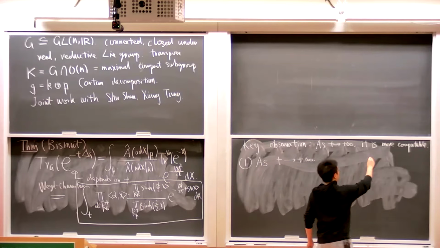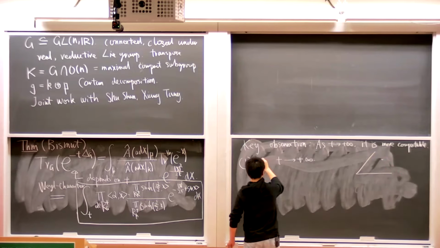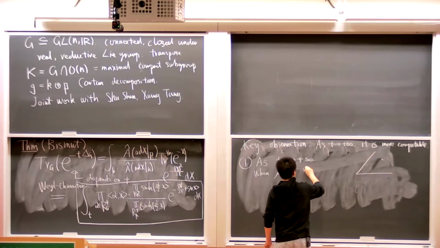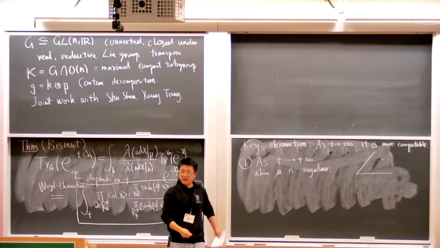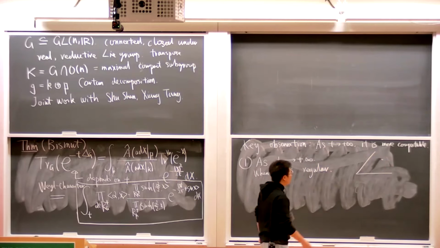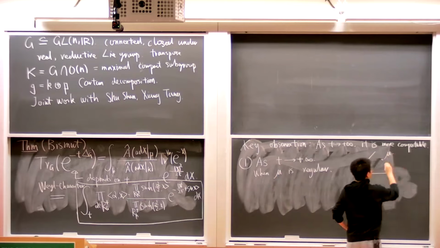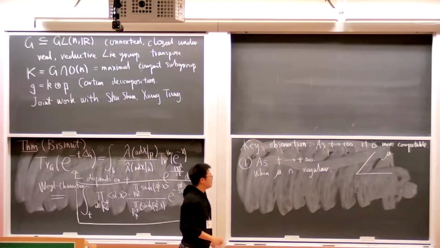For example, the first case is when mu is regular. Again, I will postpone the definition of regular for a moment. Roughly speaking, it says that mu is in the very interior part of some positive Weyl chamber.